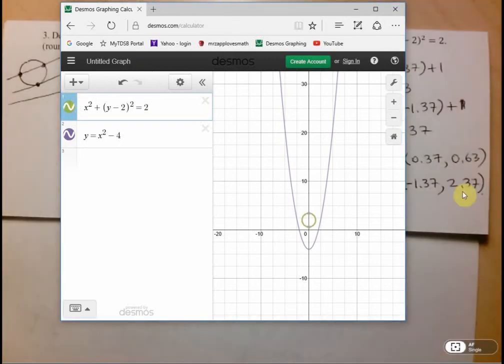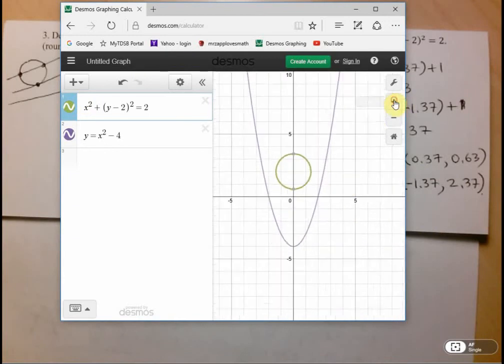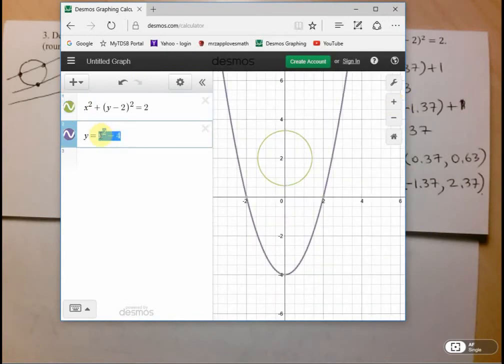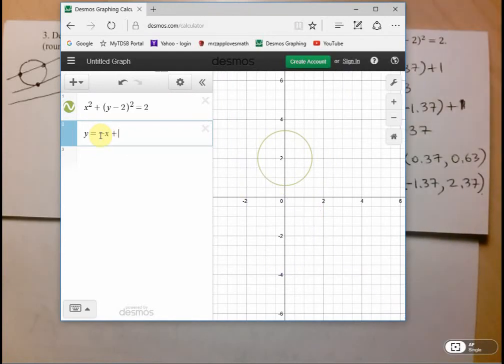We'll make that a little bigger. And now we'll put in the equation of the line, which is negative x plus 1. Not surprisingly, we see 2 points of intersection.